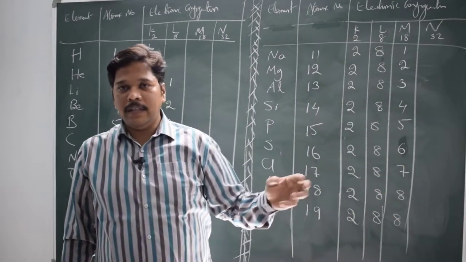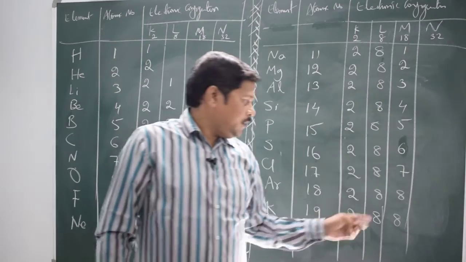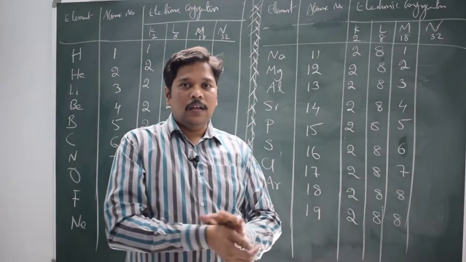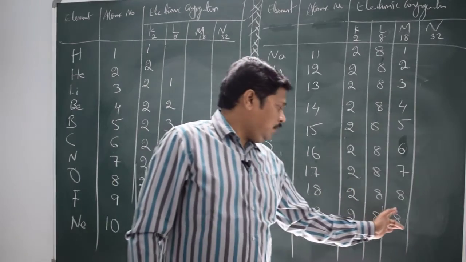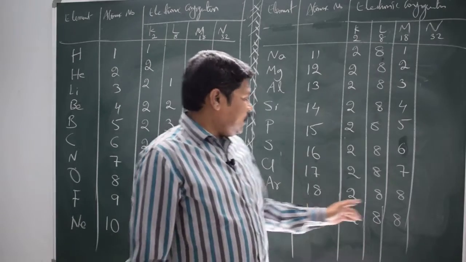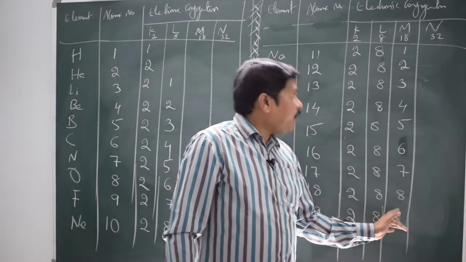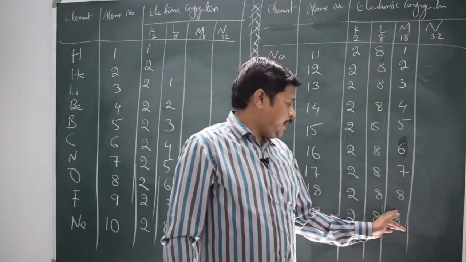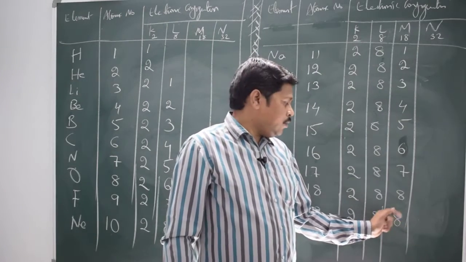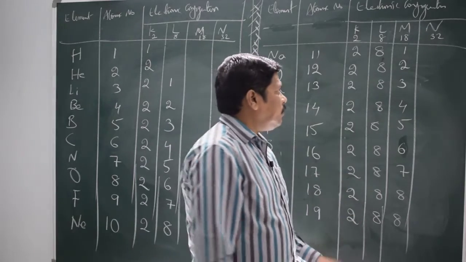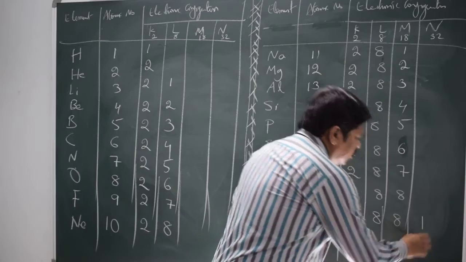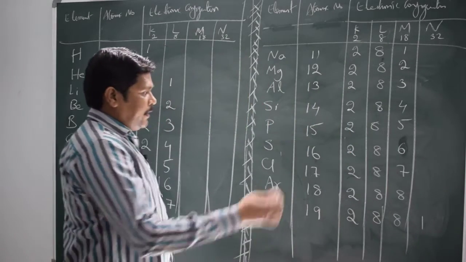You see, we have the second rule in the Bohr-Bury scheme: at any time the outermost shell can accommodate a maximum of 8 electrons. Now for potassium 19, if I put 9, then the M shell becomes the outermost shell. It cannot accommodate more than 8 electrons, so it would violate that rule. So 8 electrons are the maximum, then the next electron occupies the N shell. So I am going to put 1 here.